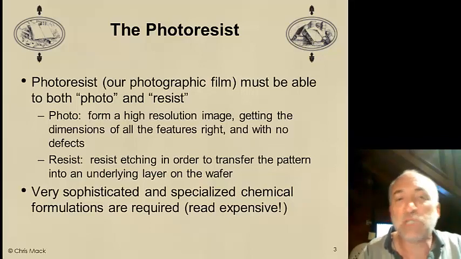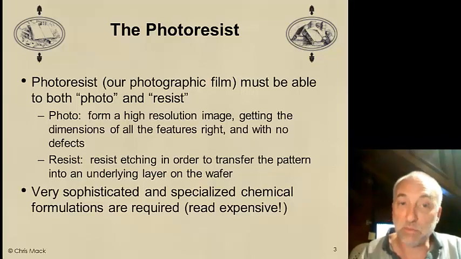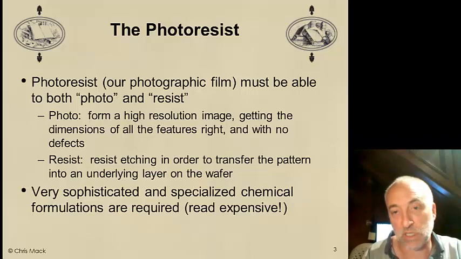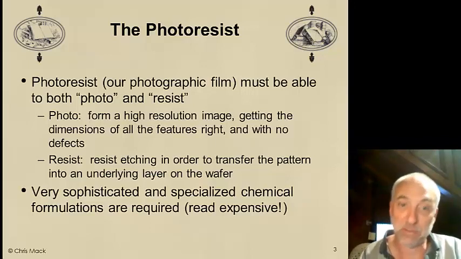To accomplish both of these tasks require some pretty sophisticated and specialized chemical formulations. We're going to go into the chemistry of photoresist later, but what we can ascertain as of right now, if it's sophisticated and specialized, you know it's expensive, and a bottle of photoresist is quite expensive.